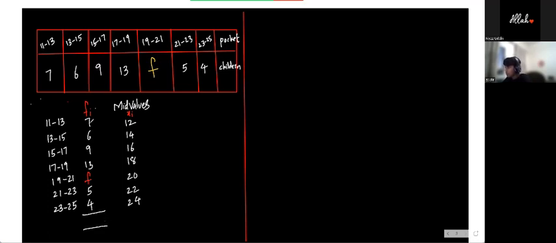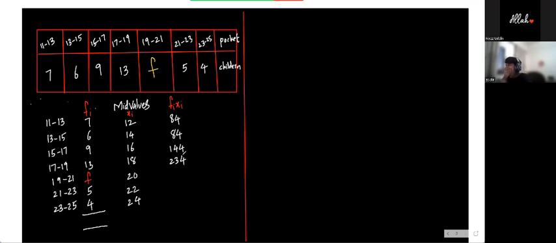And then fi xi. Fi into xi, we have to multiply this. So 12 sevens are 84. 14 sixes are again 84. Then 16 nines are 144. 18 multiplied by 13 is 234.